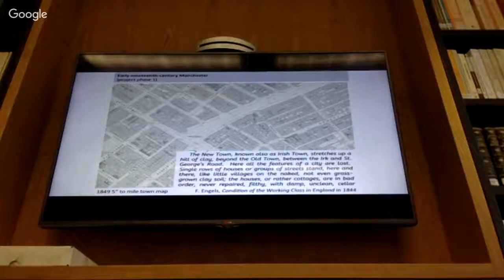You might not agree with his conclusions, but actually he's one of the people at the time of our data set that is thinking about the city as a pattern, as a morphology. So he's looking at places that we're examining, such as the new town in Manchester, which is now the trendy, fashionable Northern Quarter, as a pattern of thinking about the materiality of the place, which in 1849, the time of the first detailed OS map, has rapidly expanded. The population has doubled, tripled each census since 1801.